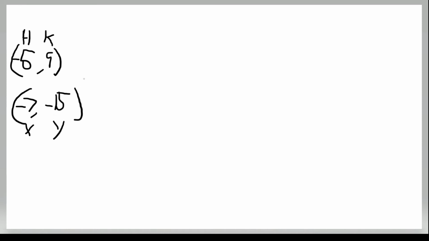So the equation that you'd plug this into is going to be vertex form, which is Y equals A(X minus H) squared plus K. So straight away, you just start plugging in everything.